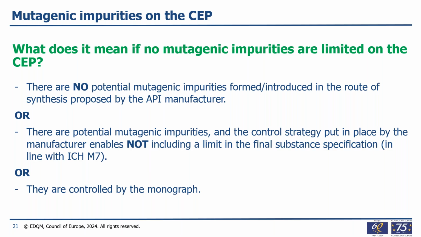So the impurity may be controlled by option 3, 2, or 4, after the assessment, when it is concluded that option 1 is not needed for a specific impurity. Or in some cases, mutagenic impurities can be controlled by the monograph.